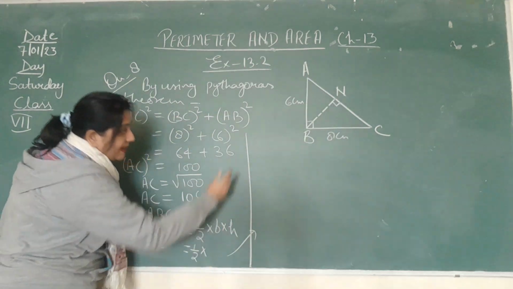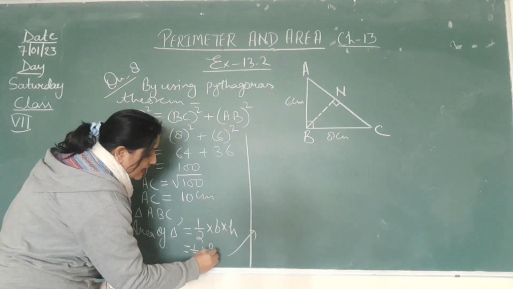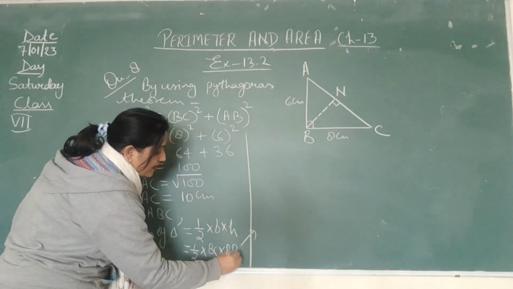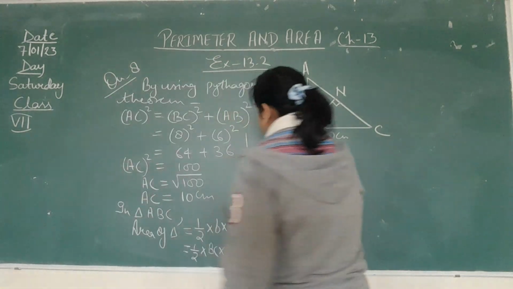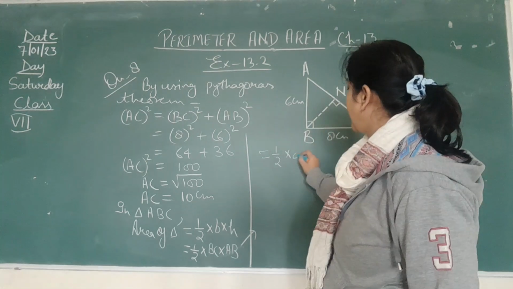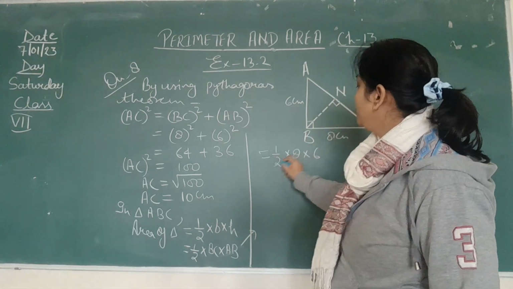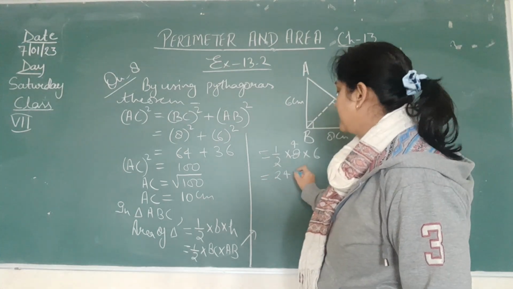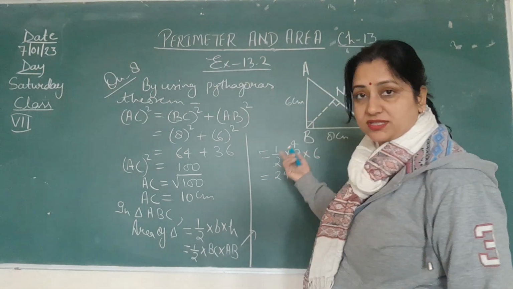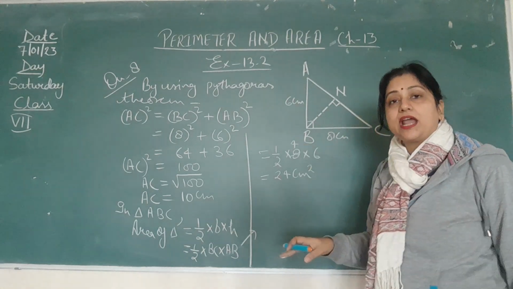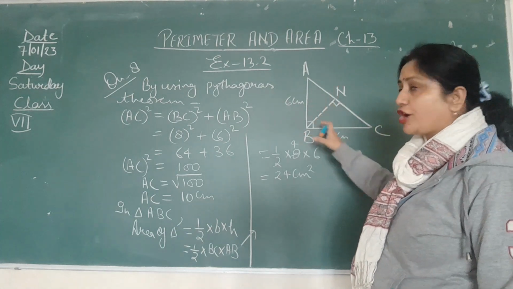I am going to write the base of this triangle is BC and height is AB. So after putting the value 1 upon 2, BC is 8 and height is 6. 2 4s are 8 and 6 4s are 24 centimeter square, because this is area, so the unit will be centimeter square. Now we know this is the area of this triangle.